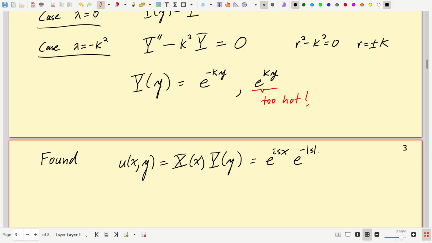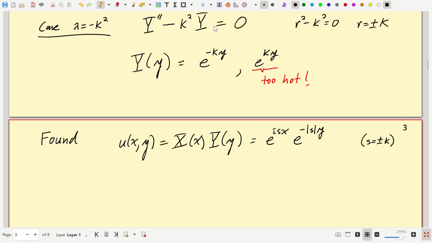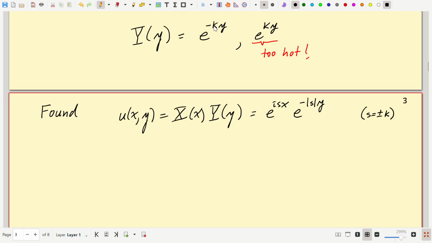We only took the positive k in the y variable. So the s is plus or minus k. And notice that when s is equal to 0, we get the constant function. So this works for all s's. The s could be plus or minus k.